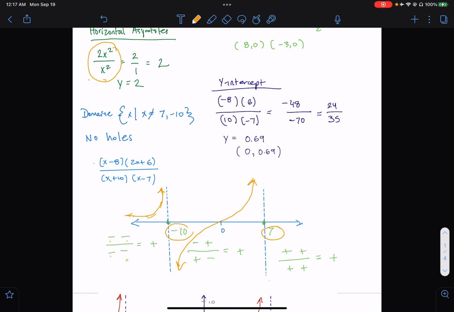And then for the last segment of the number line, I used the number 10, and I plugged 10 in for each of these x's in the original rational function.